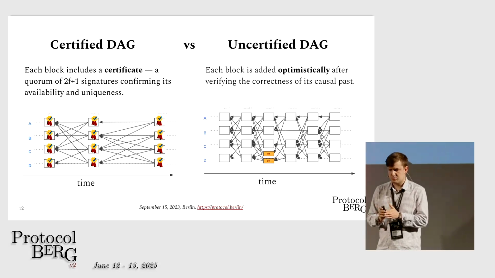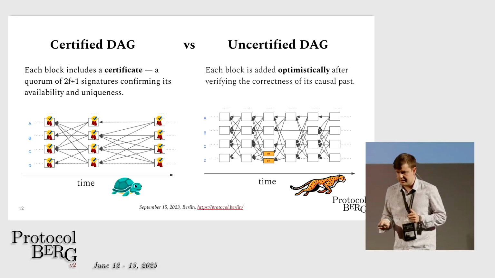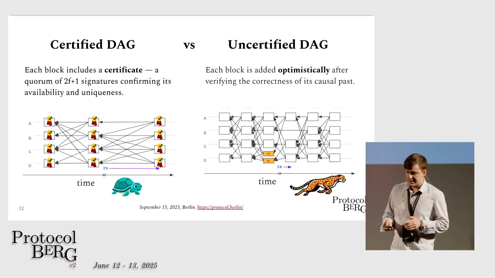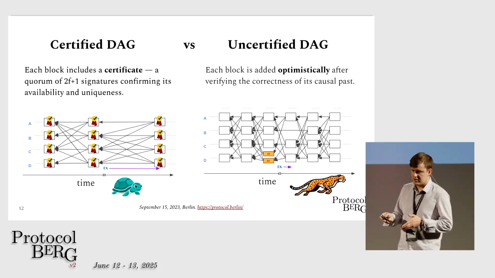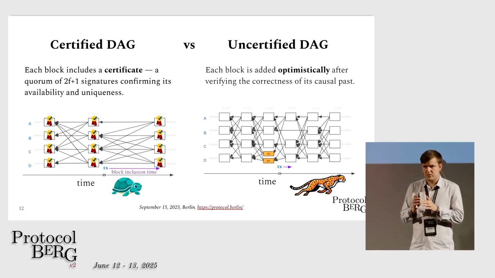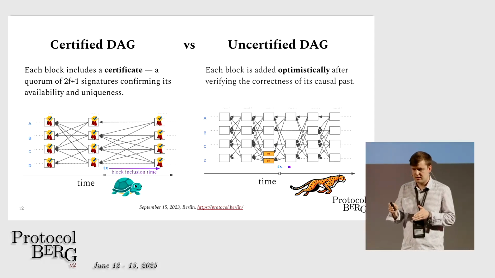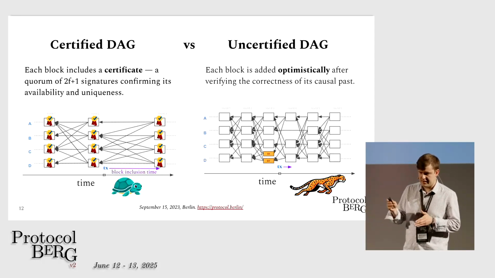This allows us to progress the DAG construction much faster, and eventually it results in lower end-to-end latency, because if we receive a transaction at some point, then this transaction is included in some block in a much shorter time in uncertified DAGs rather than certified DAGs.